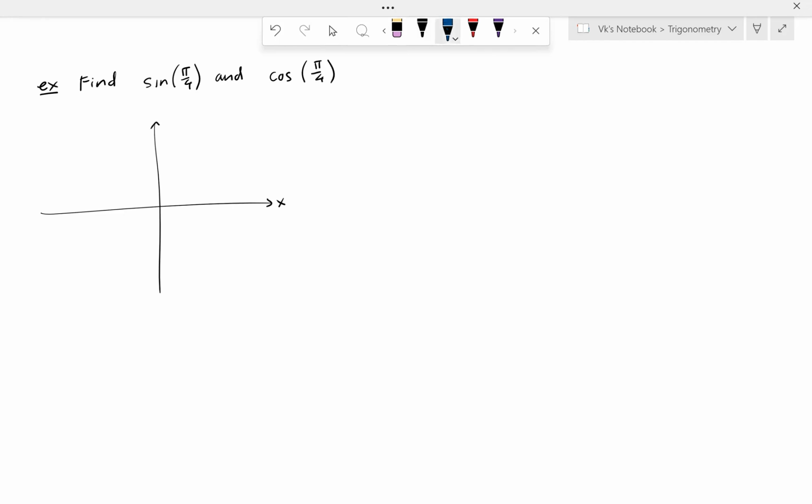Pi over 4 is halfway between 0 and pi over 2. This angle is pi over 4 or 45 degrees. Here we made a right triangle using the unit circle, then this side is x, and this is also x.